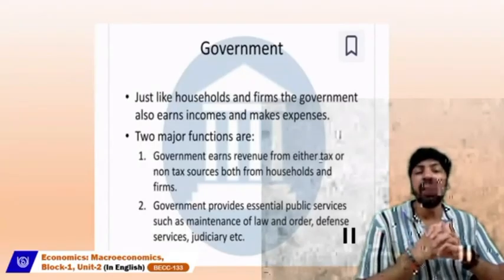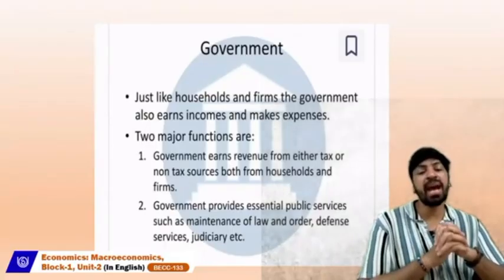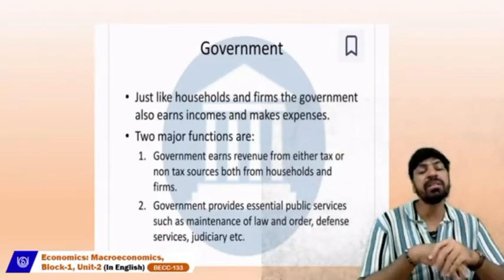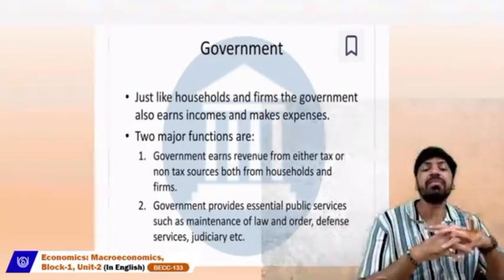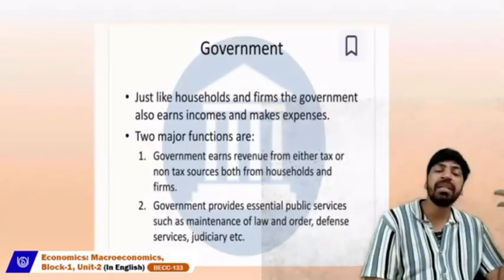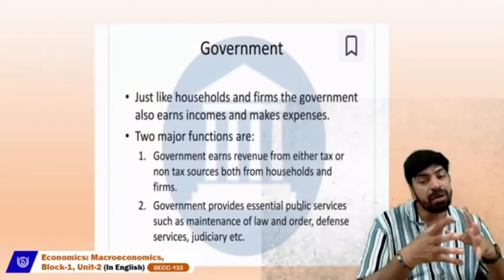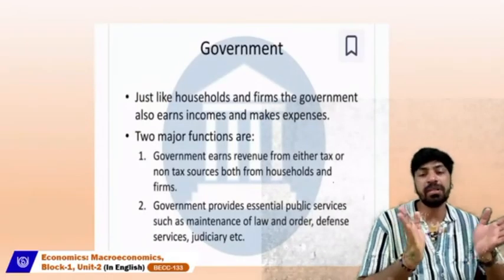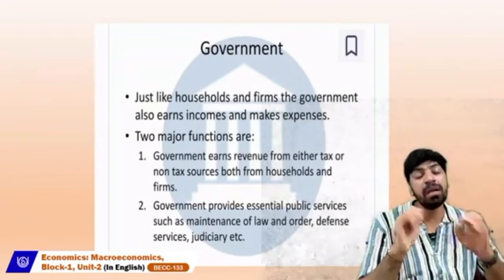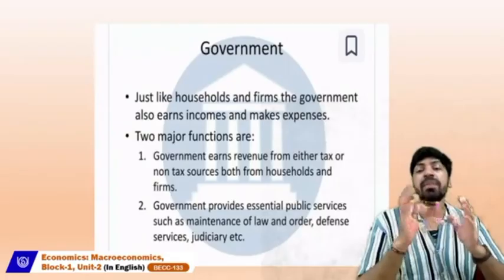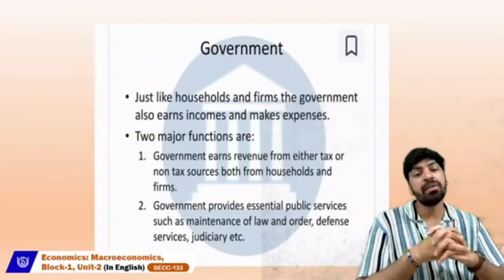And of course, the government provides all those services like public services, maintenance of law and order, defense services, judiciary services, hospital services, and it also earns income from these public services either through tax or non-tax.